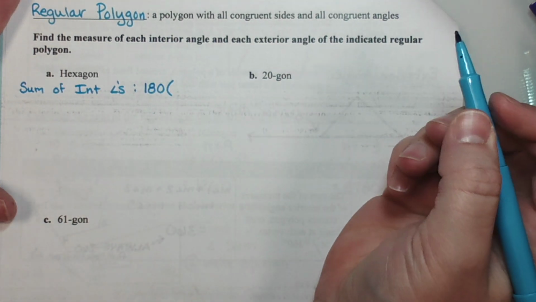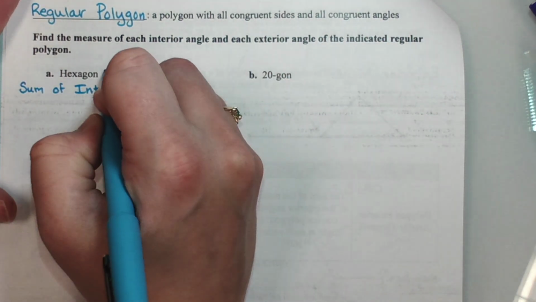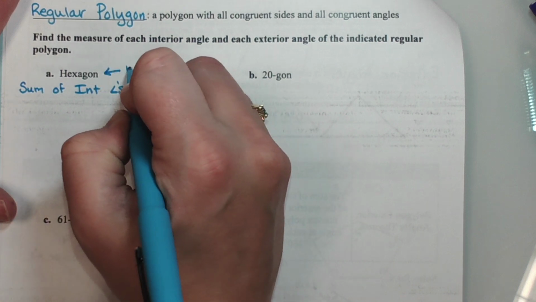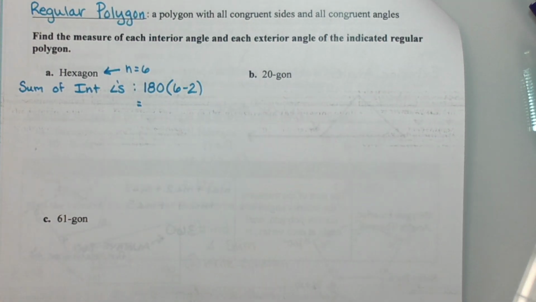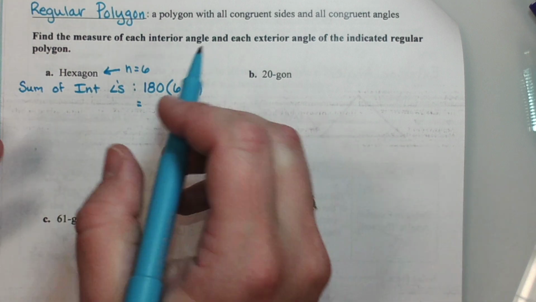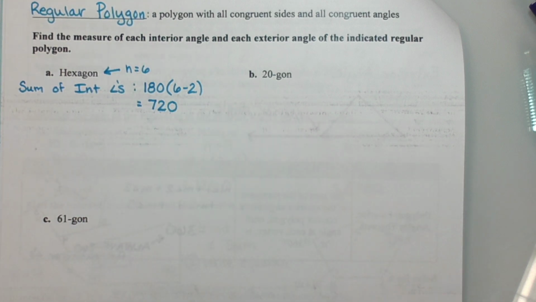What's n? 6, because a hexagon has 6 sides. Did I hear 720? It is 720.